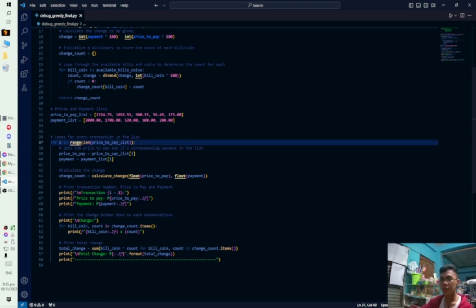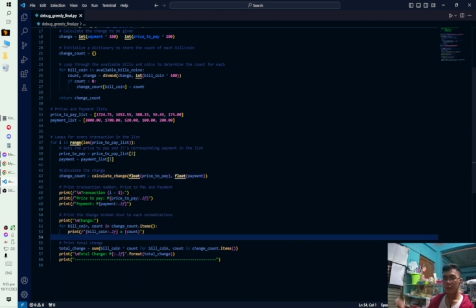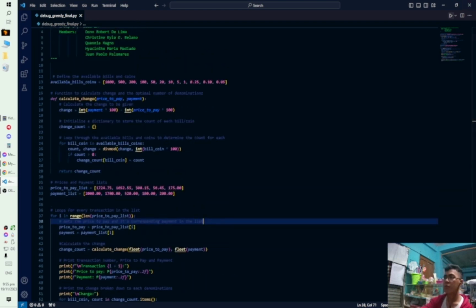So it will get the price to pay and the payment, then call the function, then print the transaction number, then print the change, broken down into each of the denominations, and then the total change. So let's try to run this code.